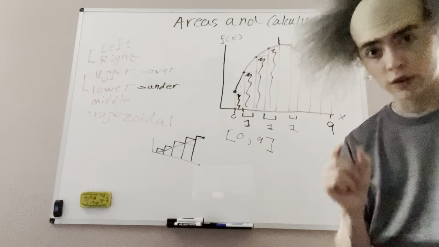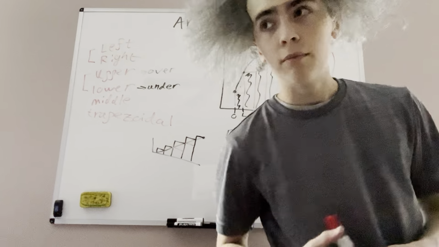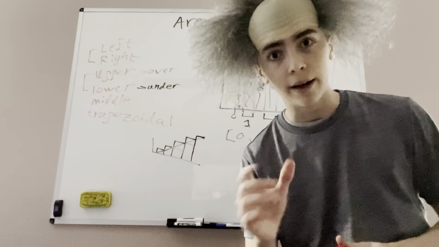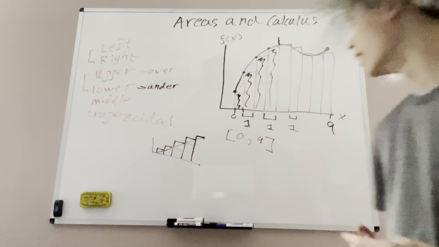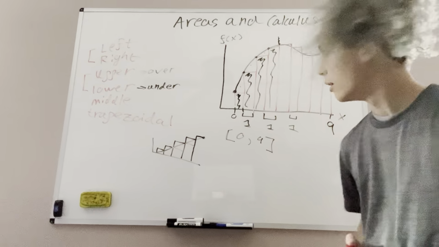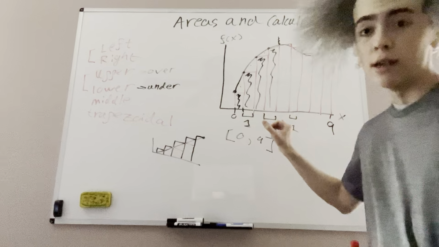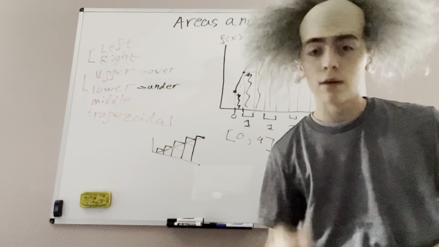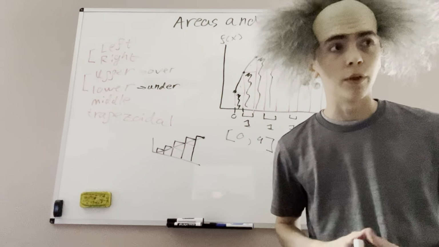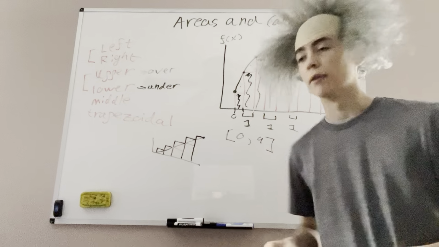So, as I said earlier, mathematicians eventually started taking infinitely thin boxes and taking the areas of those boxes, adding up all of those, and coming up with a definite exact area. So, we can simply draw thinner boxes, but draw more of them and come up with a more accurate area, right?